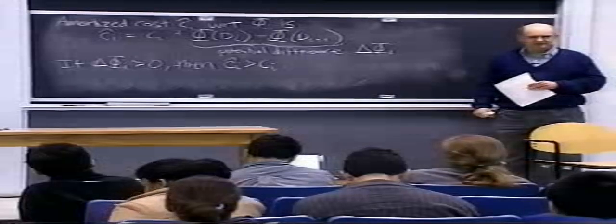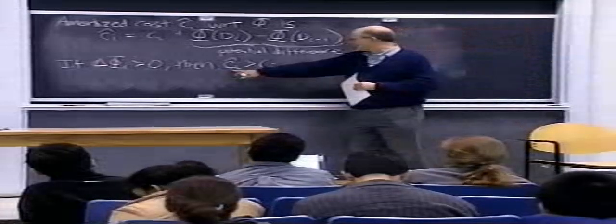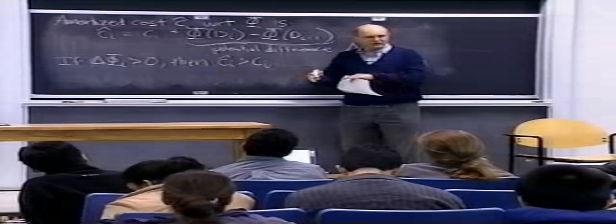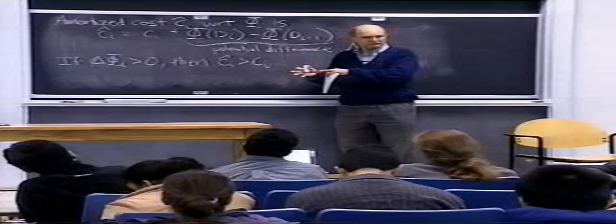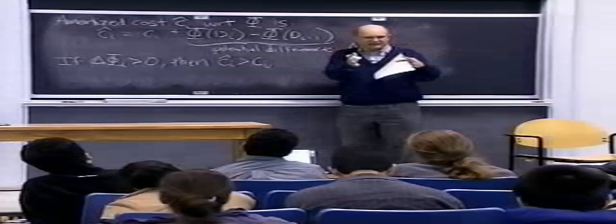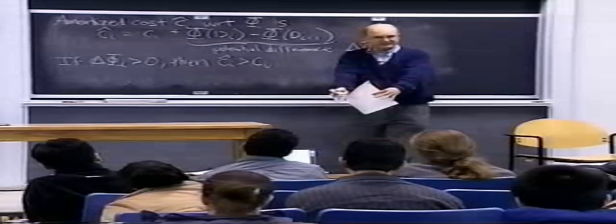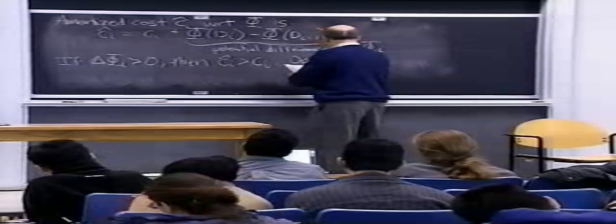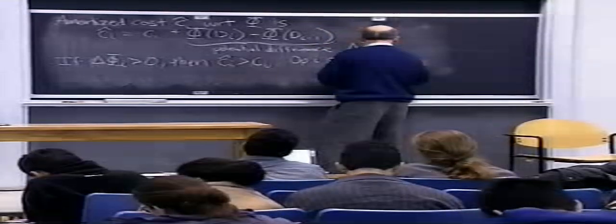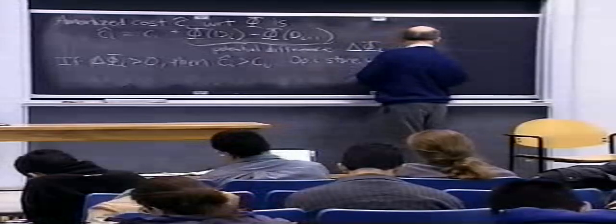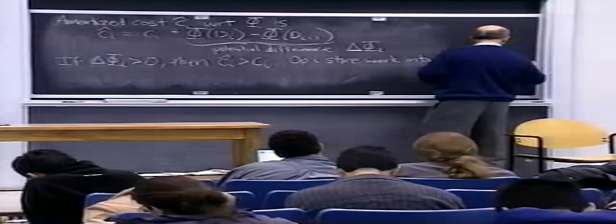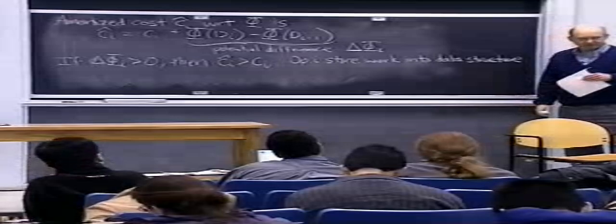I'm saying that the amortized cost is bigger than the true cost. So what I'm doing then is charging more for the operation than it costs me to perform it. And hence, I'm going to have some of the fee that I've charged left over and dump that into the potential. So here, the operation i stores work into the data structure for potential later use.